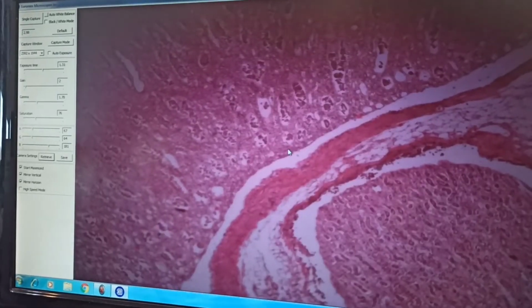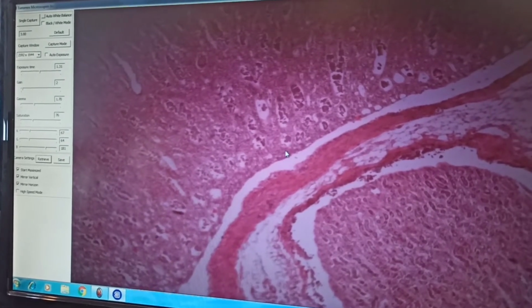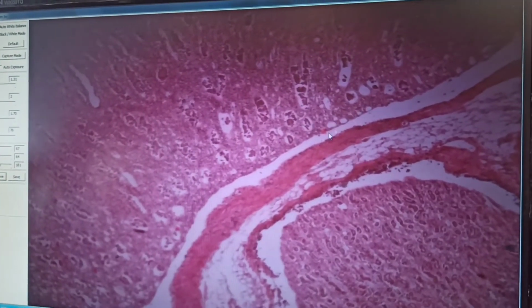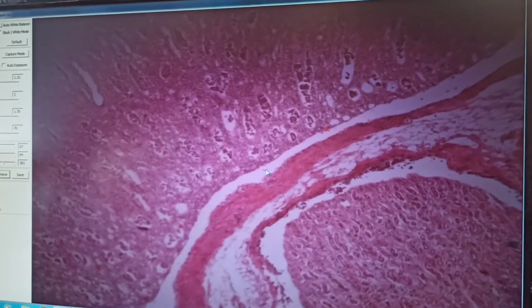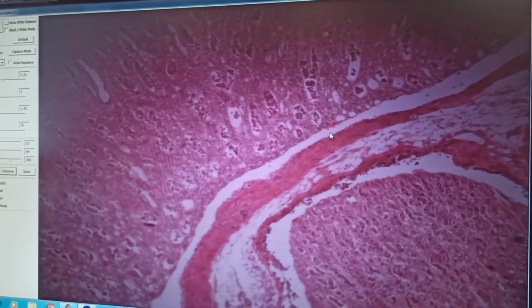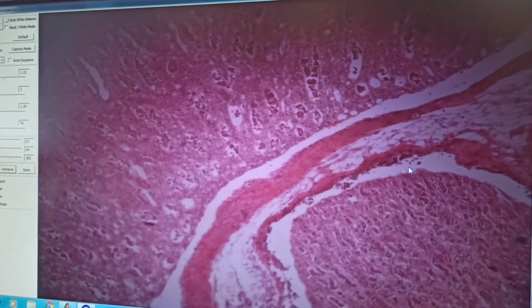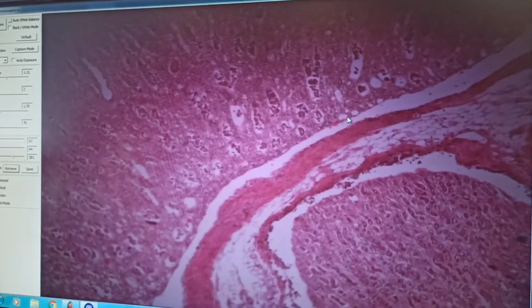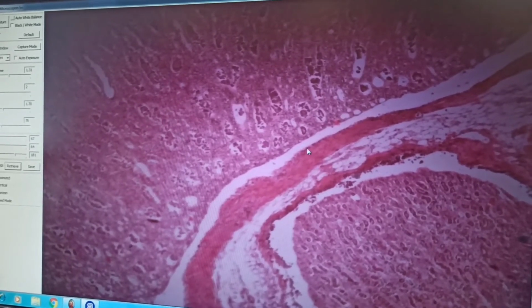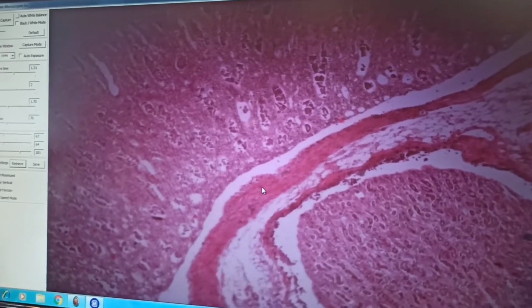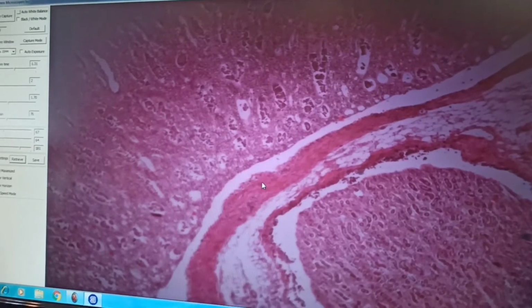Also this part, the tip of the renal pyramid. Renal pyramid, also called renal papilla. So this space is the minor calyx, on both sides here and here. On both sides we have immediately the transitional epithelium under the connective tissue.